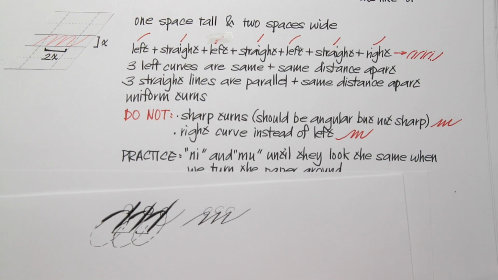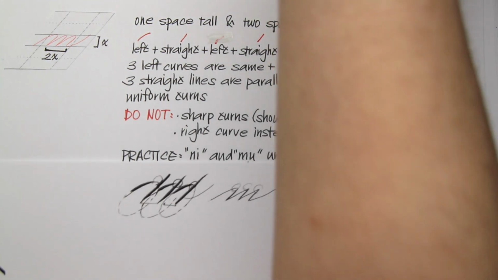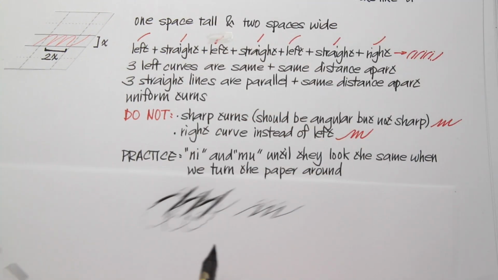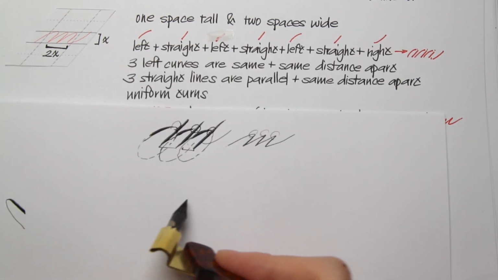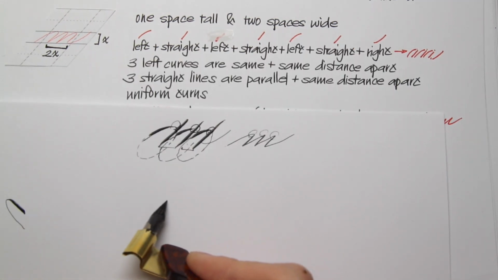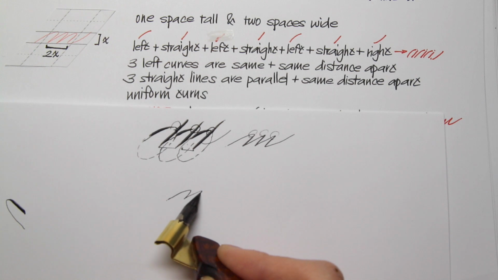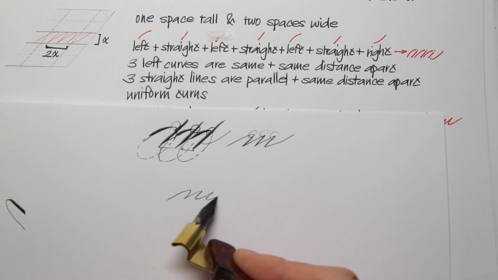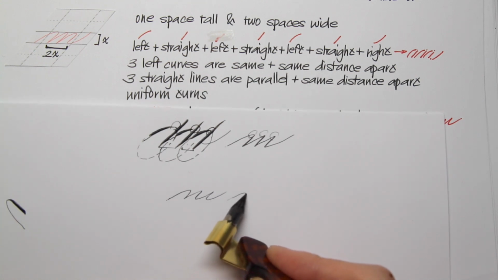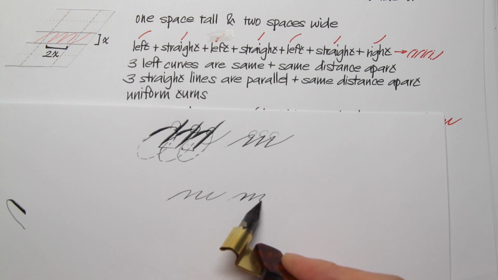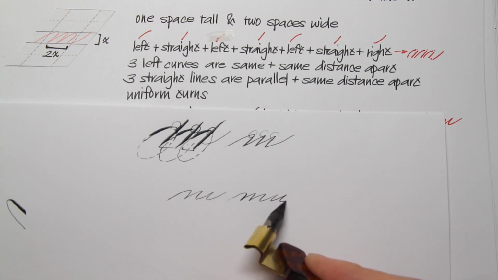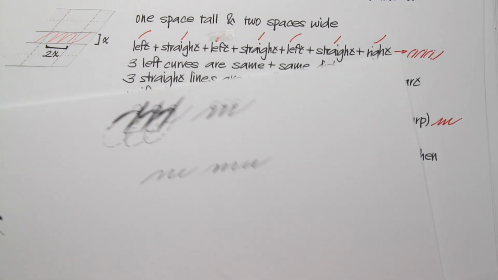You don't have to dot the I's. The idea is that when I write NI, for example, when you turn this around, they should still look like MU and NI.